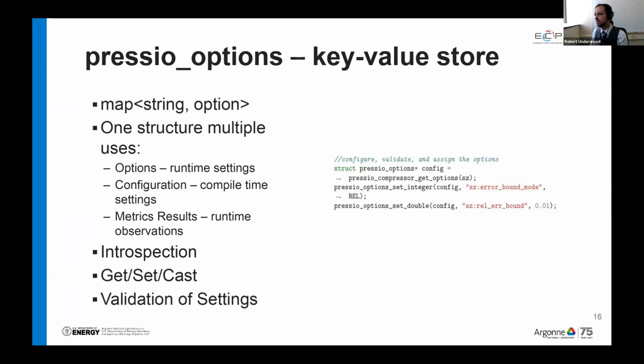LibPressio takes a different approach, expressing these things in something vaguely similar to a Python dictionary, a key value map that allows you to represent individual settings, so you can very easily write code that works for multiple compressors. I don't show it here, but there are also some higher level key value pairs that multiple compressors will recognize, things like pressio:abs, which represents the absolute error bound, whether that's on SZ or ZFP or MGARD, each of which has its own name for those specific settings.